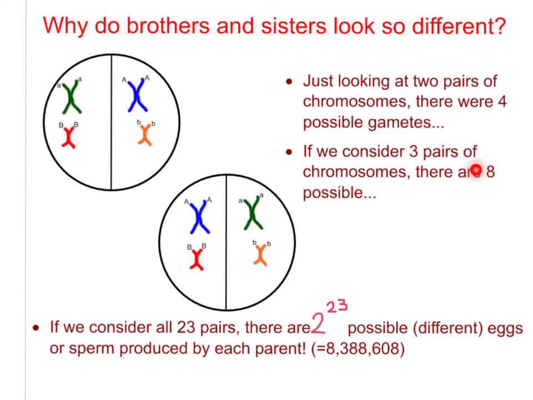And if we take 2 to the power of how many chromosome pairs you're looking at, that will give you the different possible combinations that could be seen in an egg, or the different possible combinations that could be seen in a sperm that the parent produces. 2 to the 23rd is 8,388,608 different possibilities for a single egg or for a single sperm. That's a lot of different possibilities.